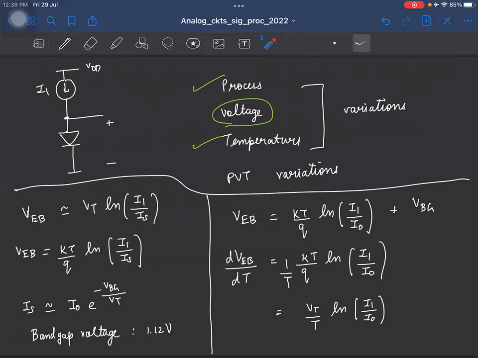Right. No, no. I1 by IS, right? The reverse saturation current is not... Ah, right. Yeah. So I1 is constant. I0 is assumed constant. It's also constant.